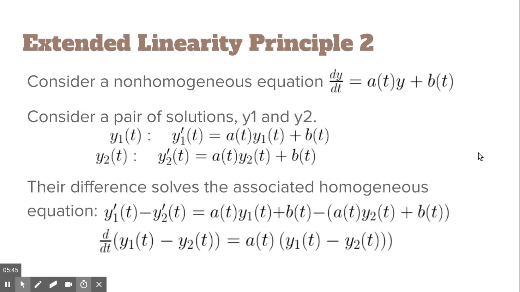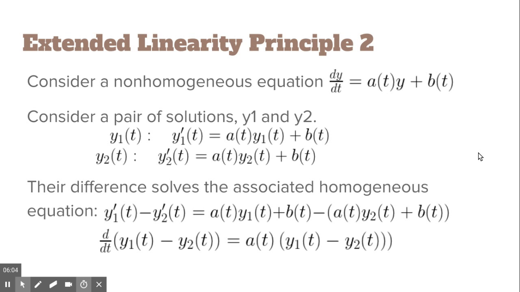So the difference of the derivatives of these two non-homogeneous solutions. And so I've formally done that here. So a of t y1 plus b minus a of t y2 plus b. And when I do that subtraction, the two b of t terms cancel one another.